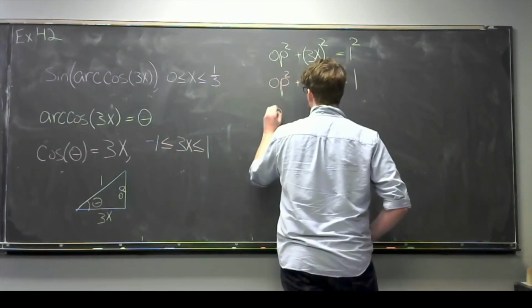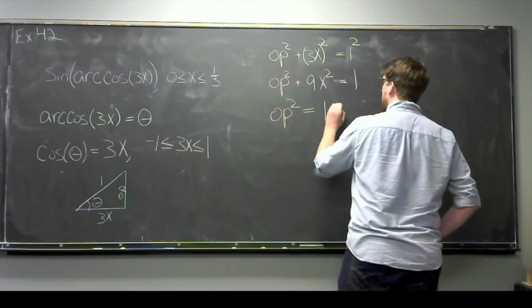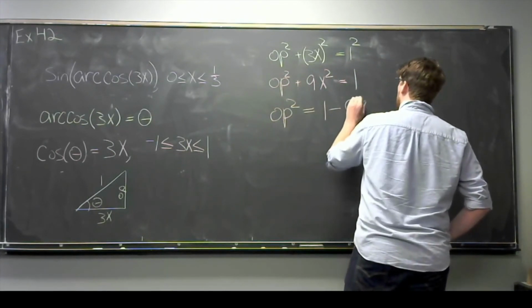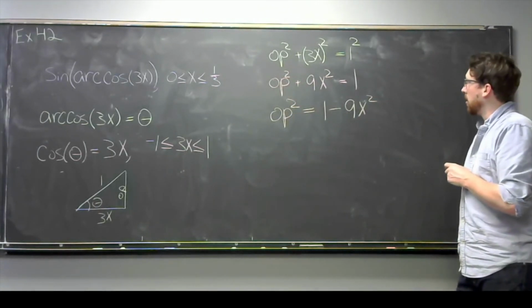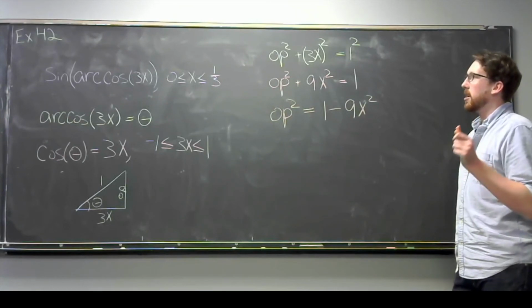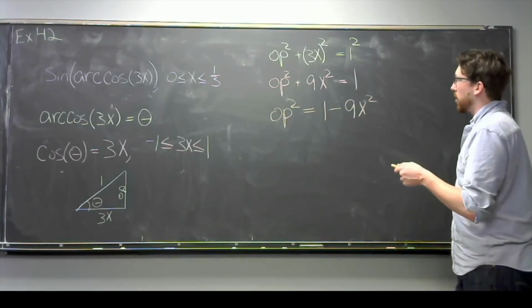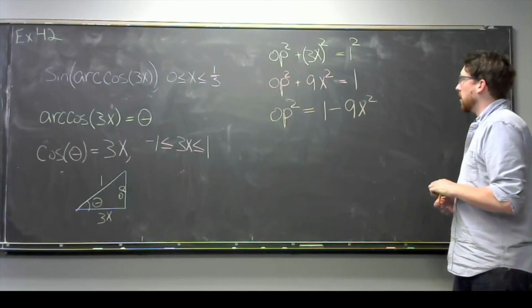This tells us that OP squared is equal to 1 minus 9x squared. Semantics.